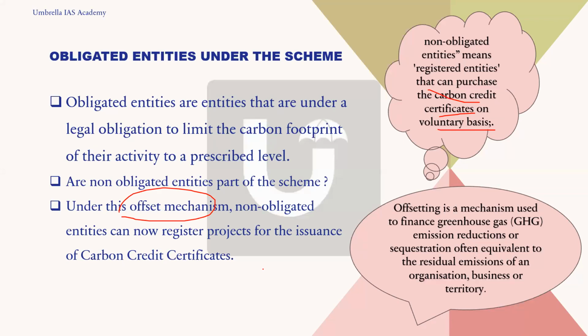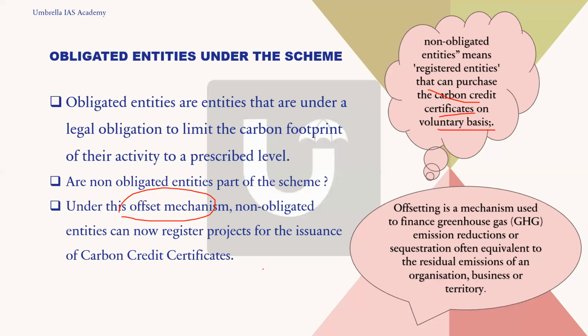Give me some examples of activities where we are reducing carbon emissions. Solar. Afforestation. Yes, let us say my entity does afforestation or my entity does rooftop solar installations.